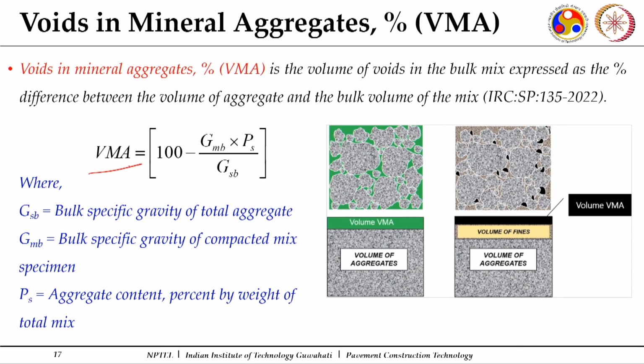Second is VMA, voids in mineral aggregates. As I mentioned, the volume of aggregates will be there. VMA is that particular portion which will have your free bitumen as well as your air void also. So that I need to work out, and this VMA will be 100 minus the bulk specific gravity of mix divided by the bulk specific gravity of your aggregates.